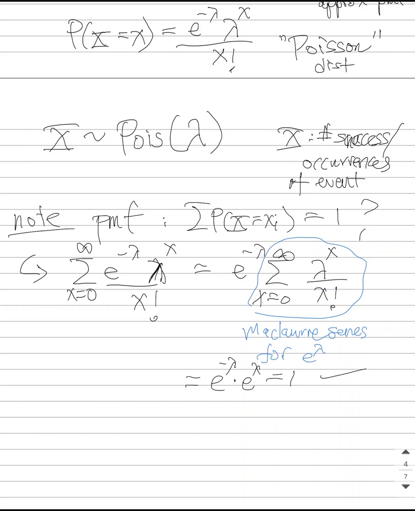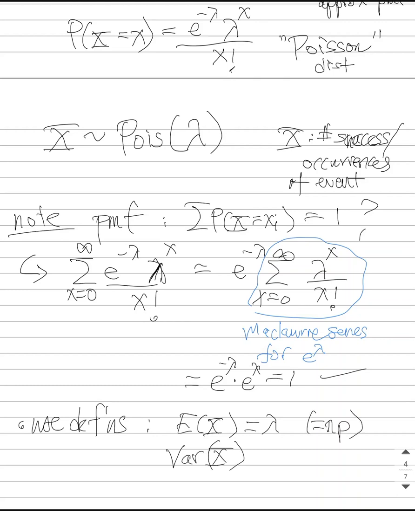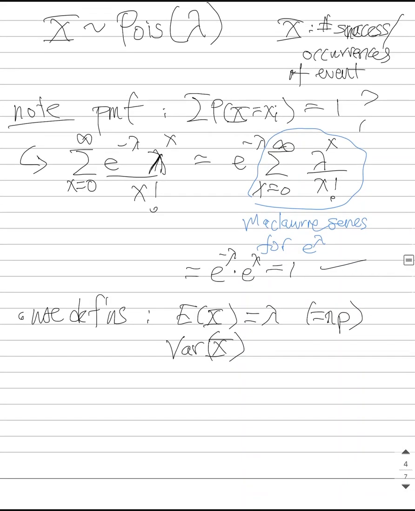Now, there are equally boring mathematical ways to come up with expectation and to come up with variance. They all come from the definitions, but you could use the definitions to get the following, that the expected value is just going to be lambda, and that's expected, no joke, because Poisson is just supposed to model binomial, and for the binomial, the expectation is np, and it will turn out that the variance is also lambda.